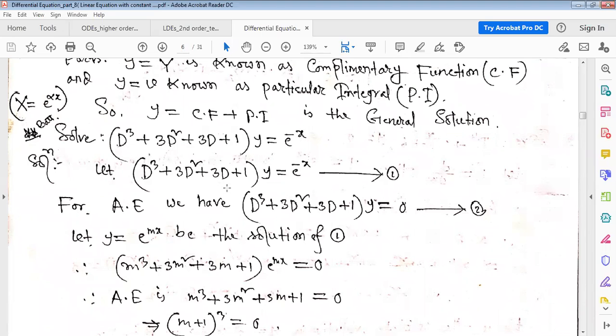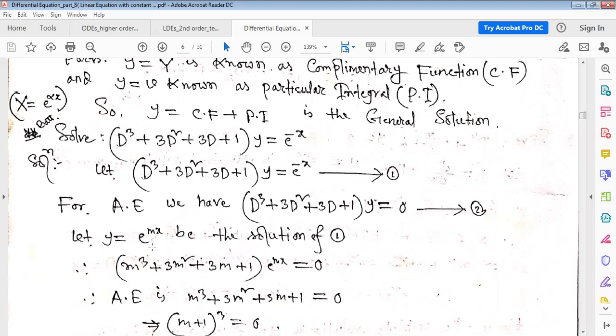Now for the auxiliary equation, from the previous lecture, D cube plus 3D square plus 3D plus 1 into y equals 0 for the left hand side only. Now the auxiliary equation can be written with the left hand side: D cube plus 3D square plus 3D plus 1 equals 0.